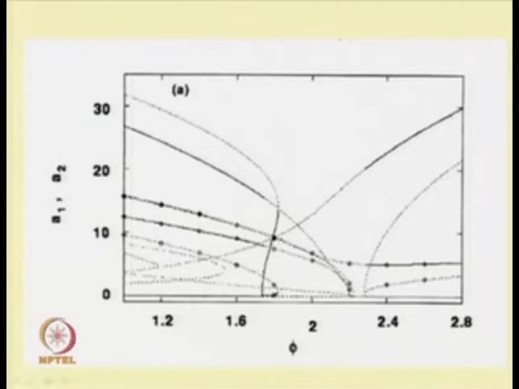By checking each equilibrium point and studying its stability, one knows whether the system is stable or unstable, and by varying this control parameter one can find the bifurcation points. In these cases one can see that this is a pitchfork bifurcation point.